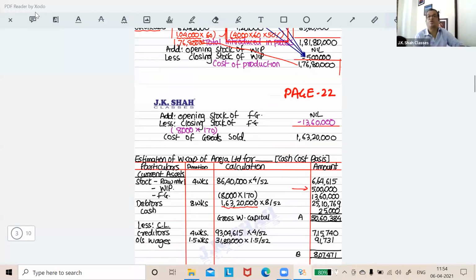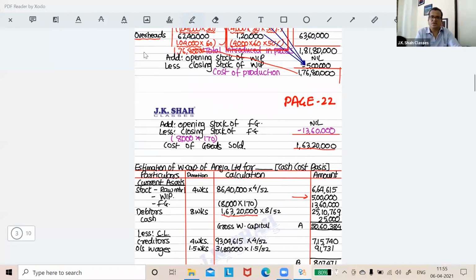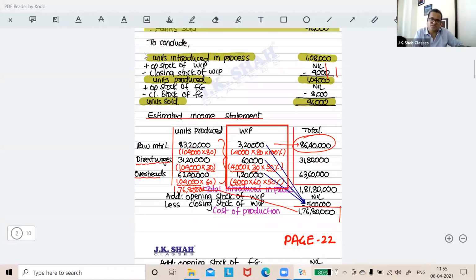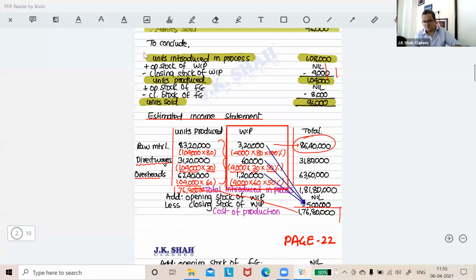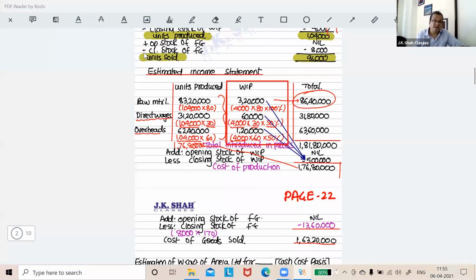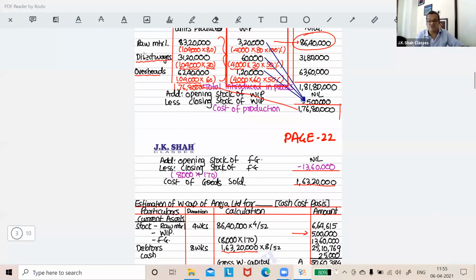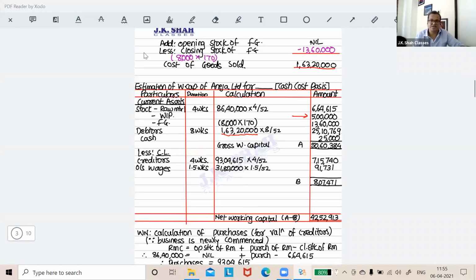You calculated units sold, no? Right now. So 96,000 into per unit 170, you get the same value, 1 crore 63 lakh 20,000. You try multiplying. 96,000 units are sold and the per unit cost is 170 rupees, so it exactly matches this number.